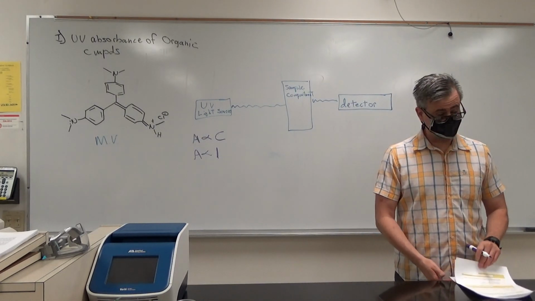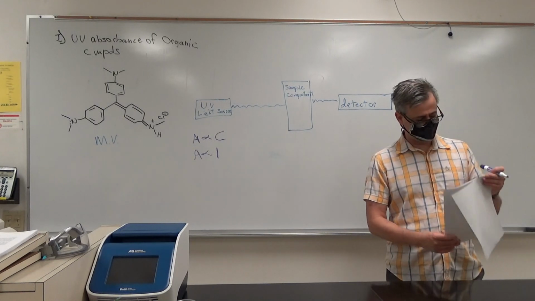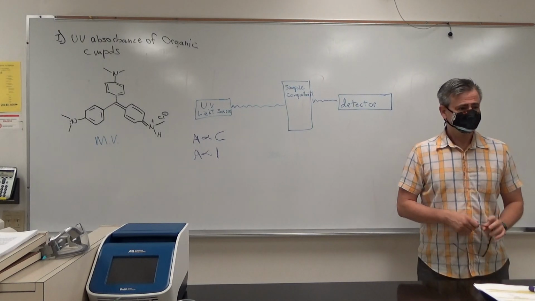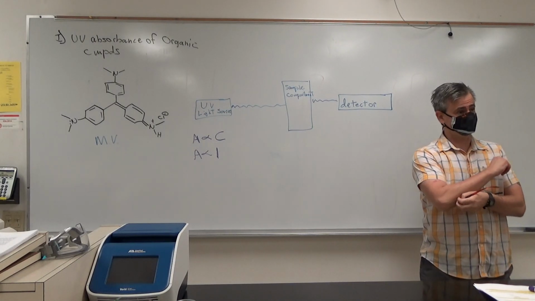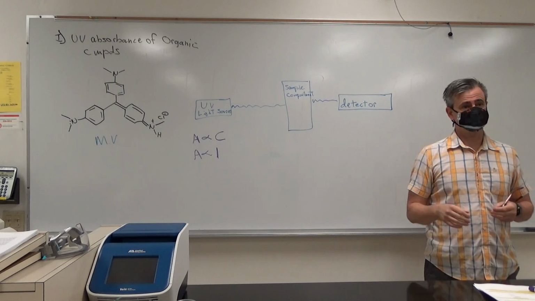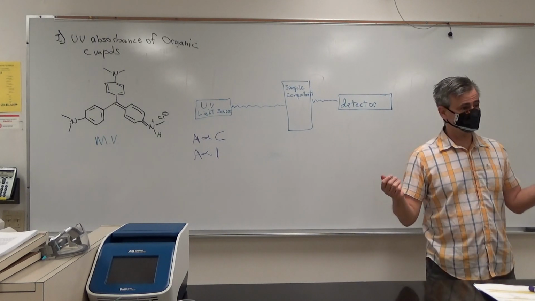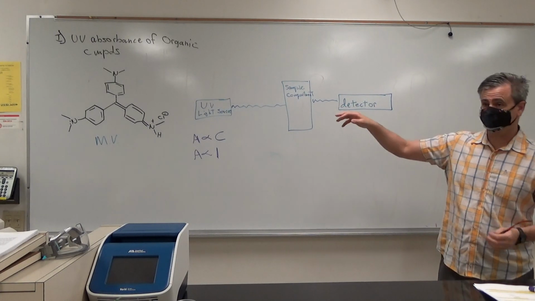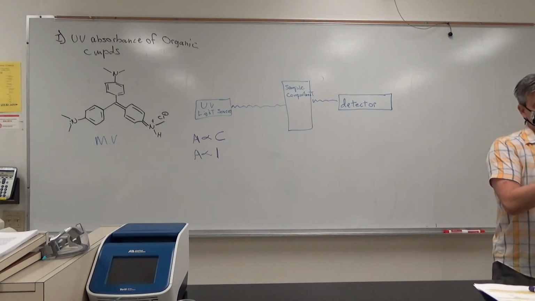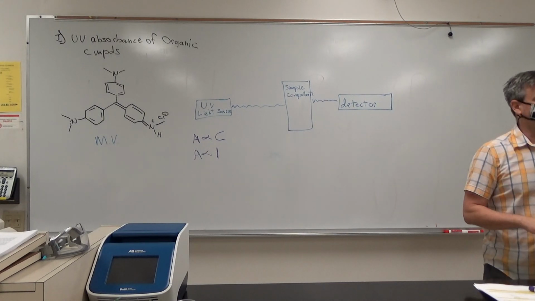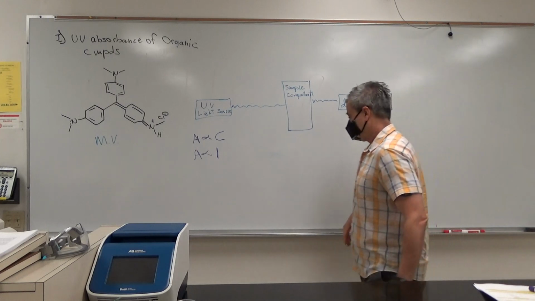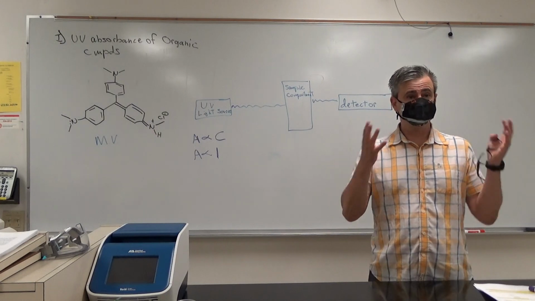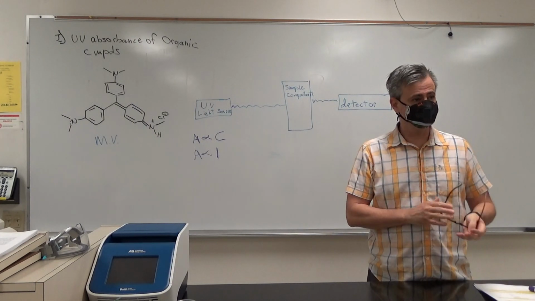And then it's also not independent of the molecule. It's going to be affected by the molecule as well, right? If we've got a molecule that's got two alternating double bonds, it kind of absorbs UV light. This thing's got double bonds all over the place, so it absorbs UV light much better than another molecule that might just have two alternating double bonds. So if we're thinking about the different factors that affect absorbance, you need to take into account what's in the solution. What's the specific chemical that's in the solution?